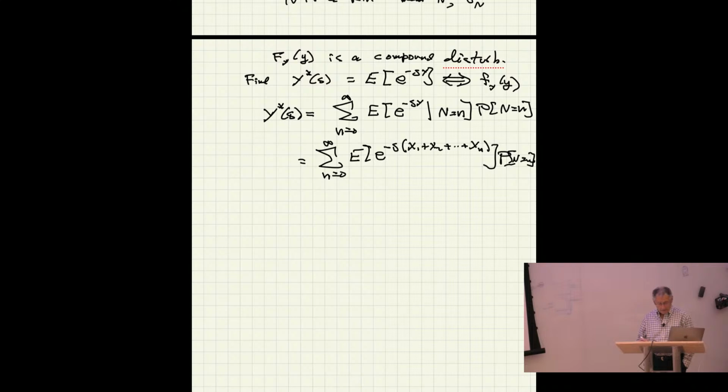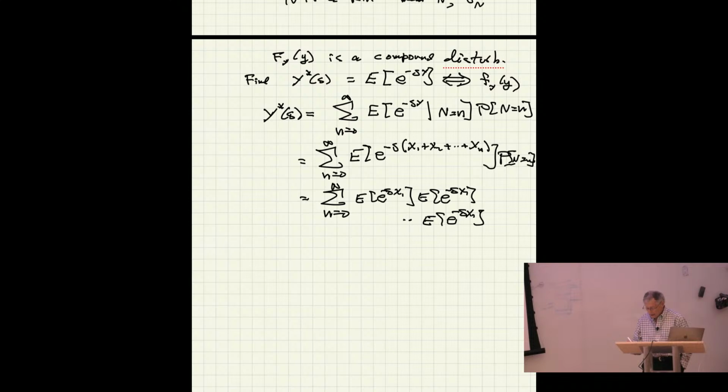So let's write this out. That exponent breaks into a product of n factors: the sum over n from 0 to infinity of the expectation of e to the minus sx1 times the expectation of e to the minus sx2, dot, dot, dot, the expectation of e to the minus sxn. All of that times the probability N equals n.